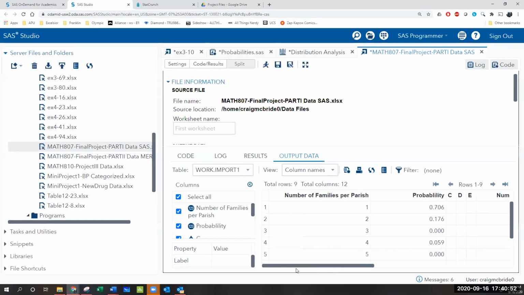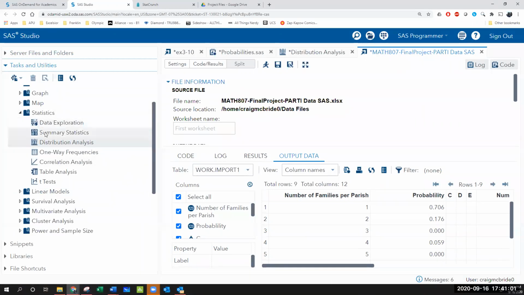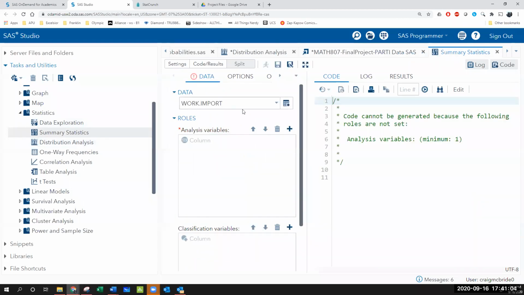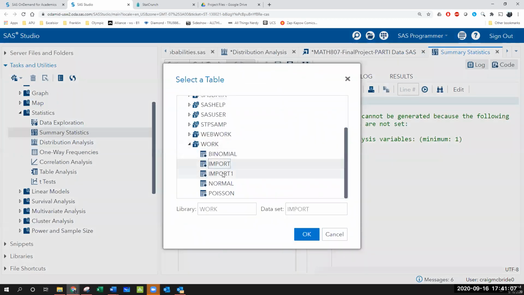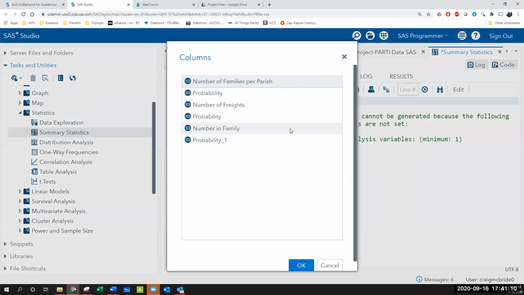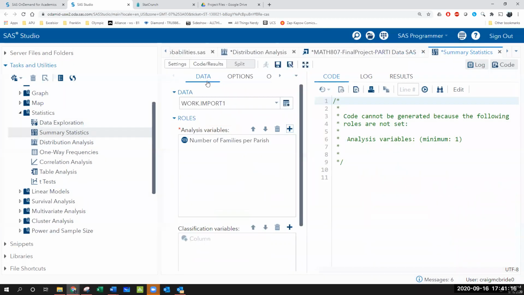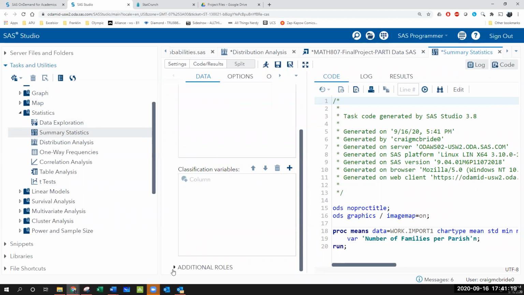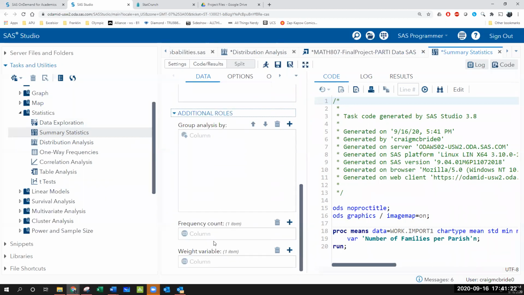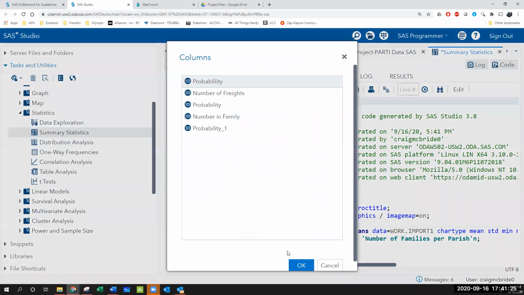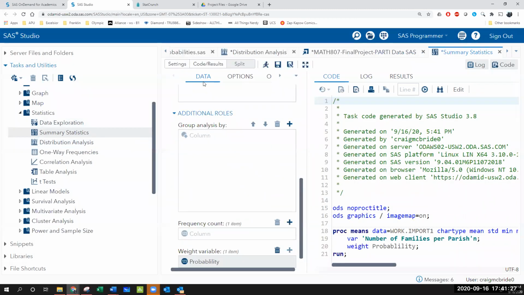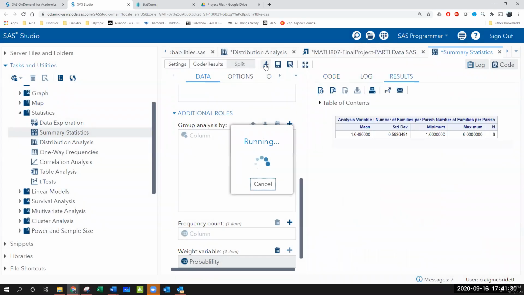This one is an old data file where I don't have the names changed, which is going to make it a bit of a pain, because now when I go to statistics and run summary statistics, I tell it to use import one, and my analysis variable is going to be number of families per parish, and this is going to be their probability. And that's where I have to come down here for additional roles, and your weighted variable is that one, probability.